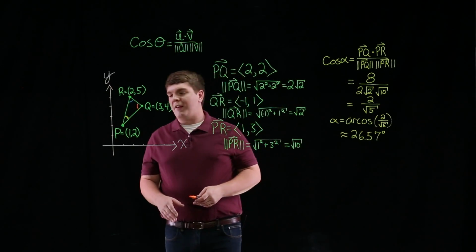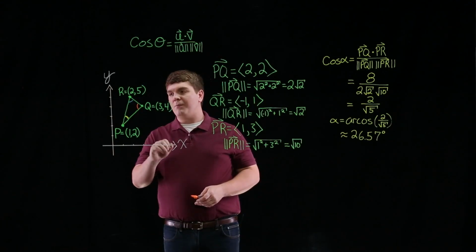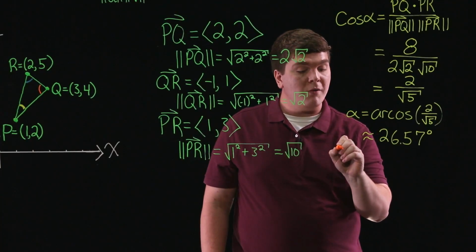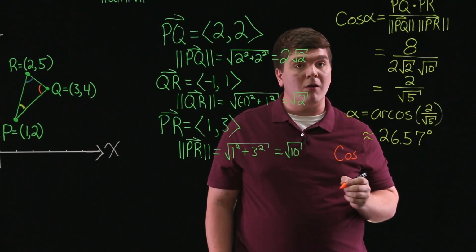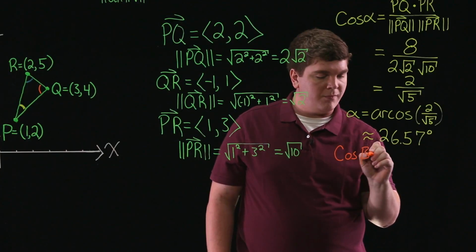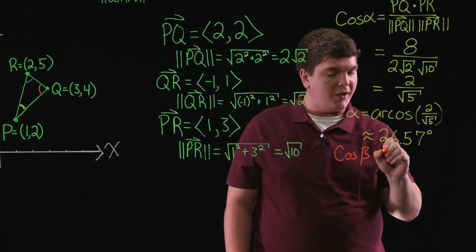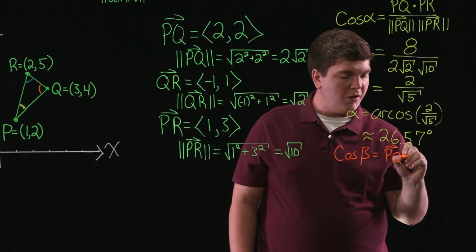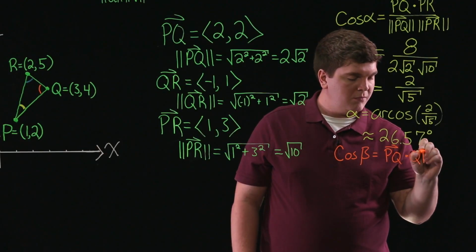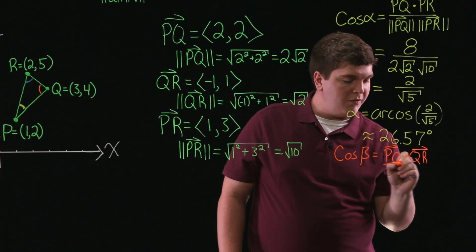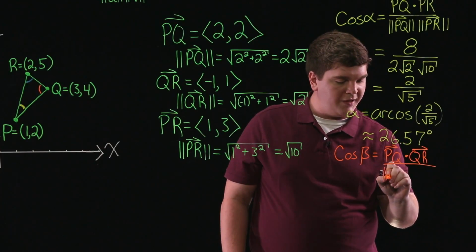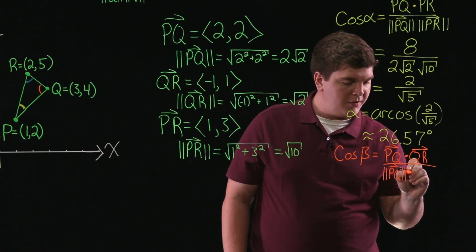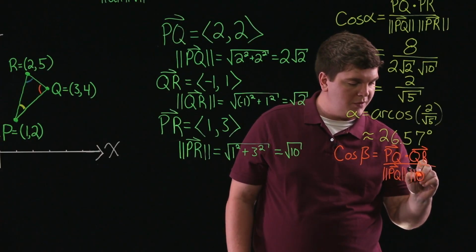Next, we'll find the angle between PQ and QR. From the formula, we know that cosine of this angle, I'll call it beta, is equal to the dot product of PQ with QR divided by the magnitude of PQ times the magnitude of QR.